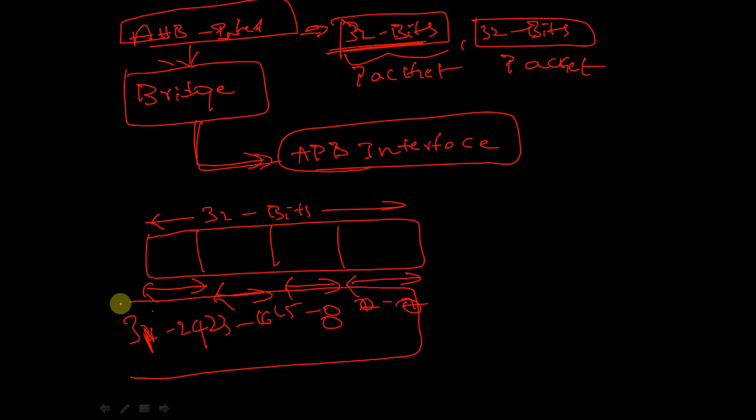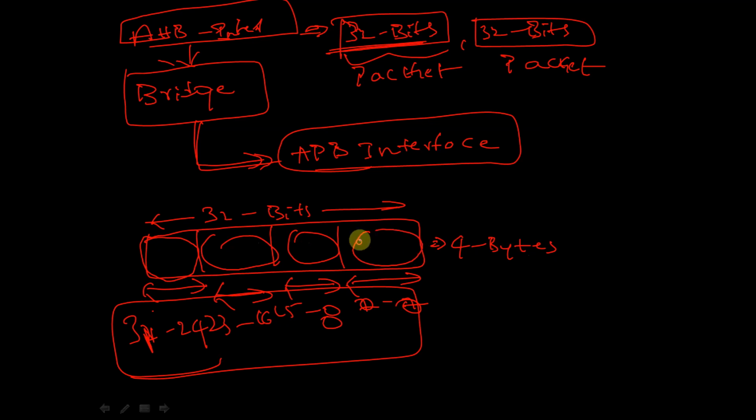So here 0 to 31, that is 32 bits. Like this, if we divide it into bytes, we have 4 bytes of data. So for every byte, we have a strobe signal.